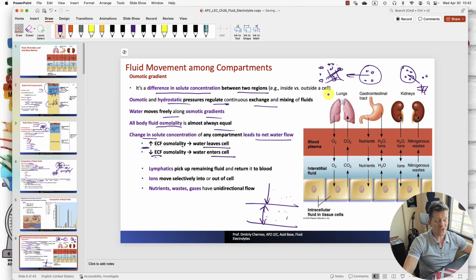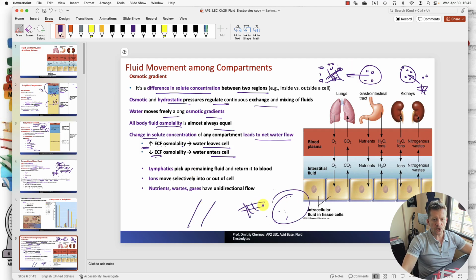So we already discussed all these concepts, but for some I know these concepts are mind-boggling, so I'm repeating this again for this acid-base balance lecture. What's going to happen if there are leftovers in the interstitial space, like proteins pulled from the blood that need to get to the cell but couldn't? For some reason they got trapped in the interstitial space, so the lymphatics will pick them up and return them to circulation.